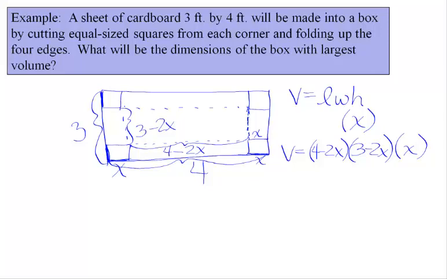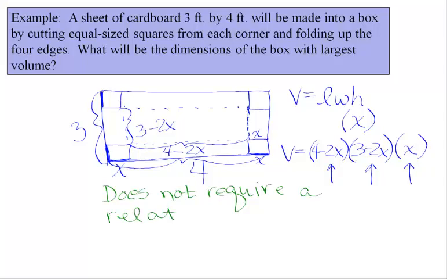Now I want you to notice something. There's a term already in terms of x. I guess I should say a factor. I don't have to use the step in the process that requires a relationship function. This particular problem does not require a relationship equation.